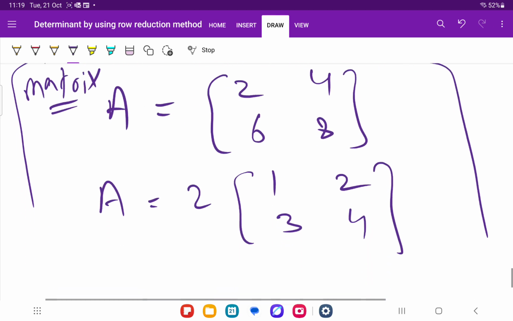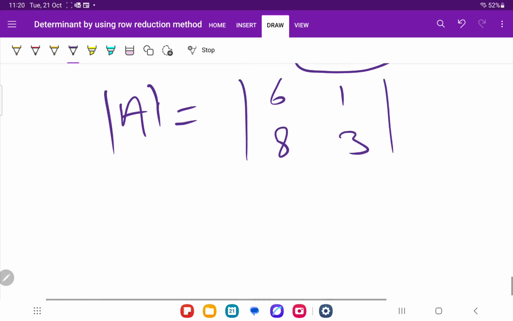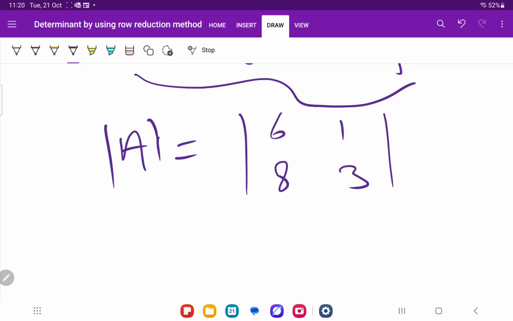For example, I have a matrix in determinant form, like for example 6 8 1 3. Suppose I wanted to take common from the first column. What could be common? What could be a multiple of 6 and 8 simultaneously? 2.